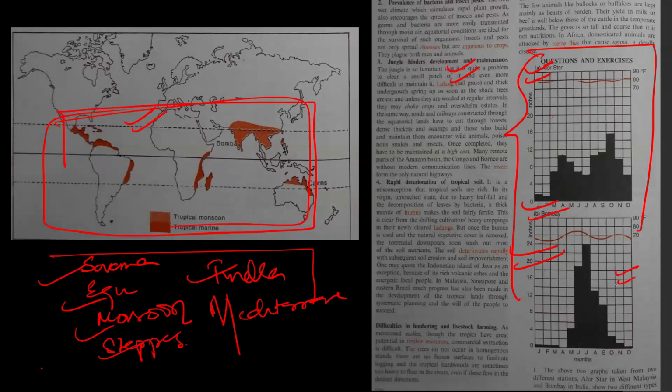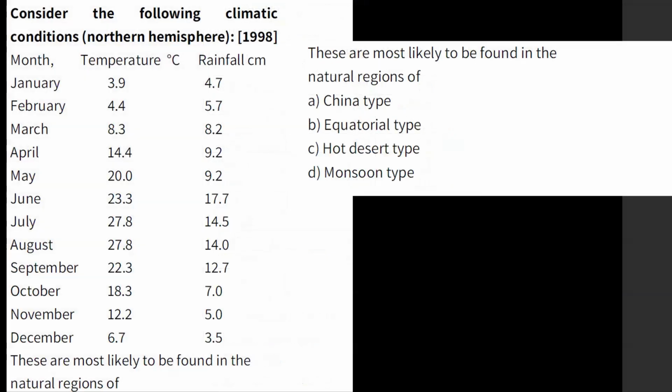Without reading this, it is impossible to answer the question. So please prepare this table, and obviously the table which I will be giving to you. UPSC has been asking like this: which of the following, with temperature and rainfall.